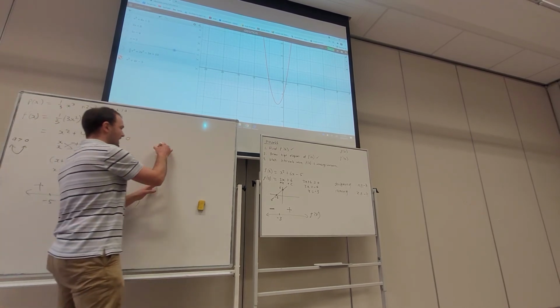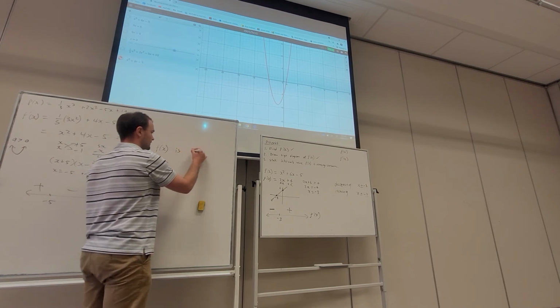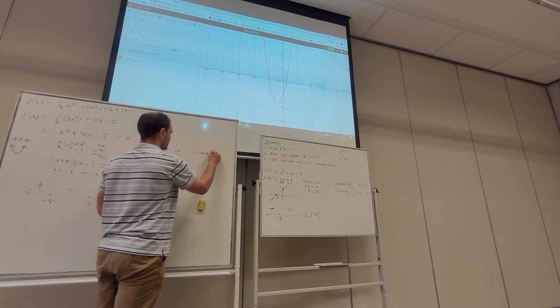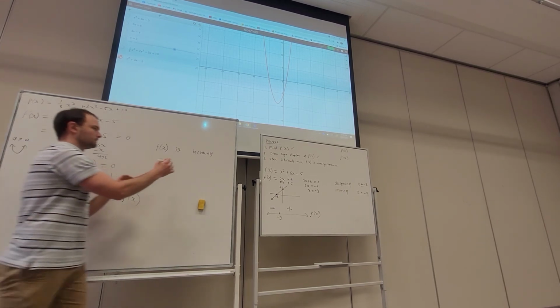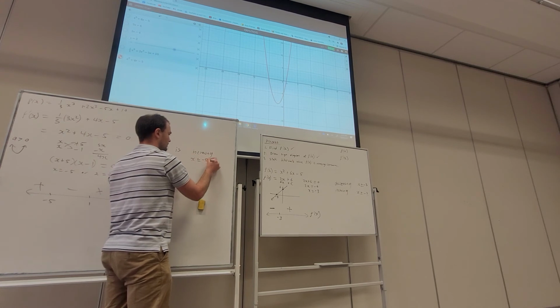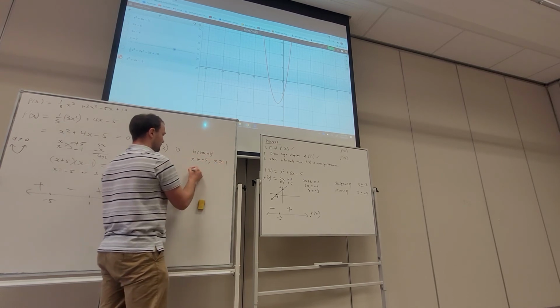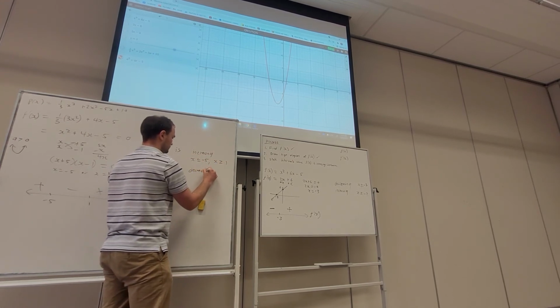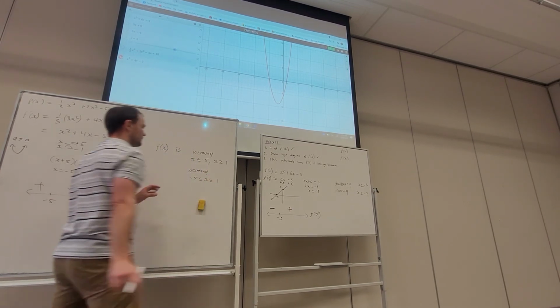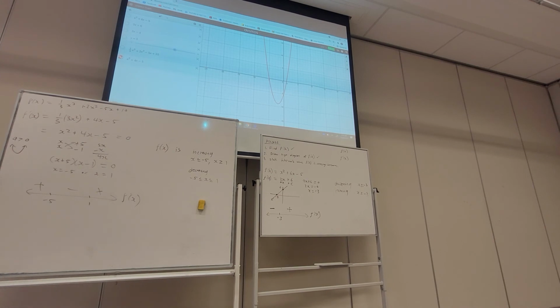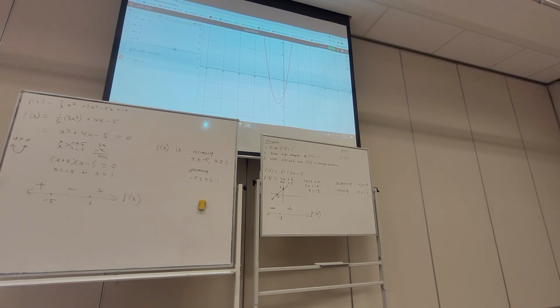So that means f of x is increasing when x is less than minus 5 and x is greater than 1, and then decreasing between those 2 points.